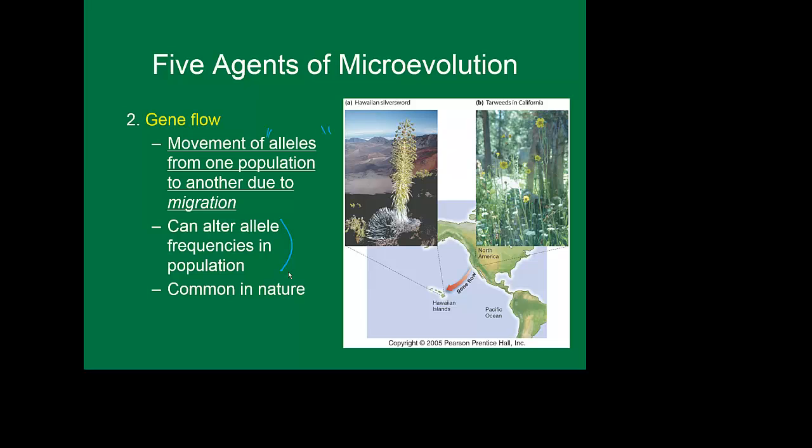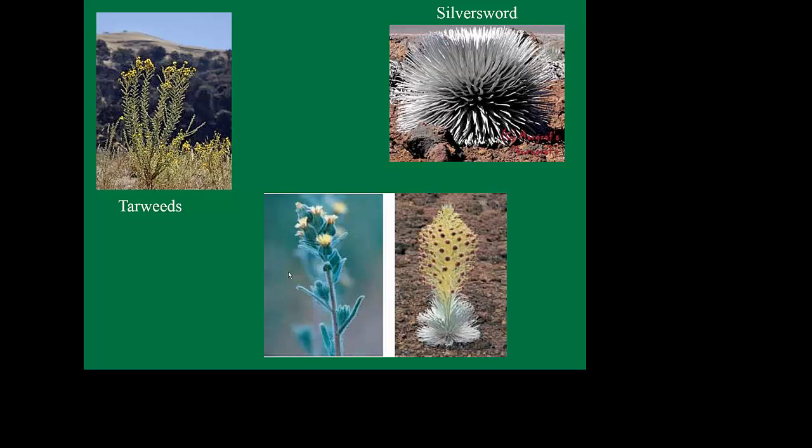So this idea of gene flow and movement of alleles between populations is really common. I give you an example here of plants that can interact, and when this pollen spreads and we get interaction of plants, we can get kind of these hybrid looking plants. So a mix of my tarweed here and my silver sword has actually resulted in a very kind of hybrid looking individual. That's high gene flow, right? Most certainly.